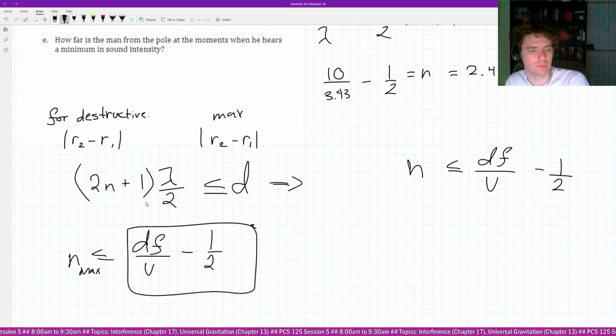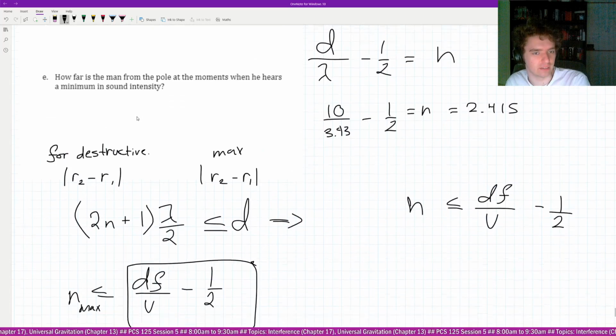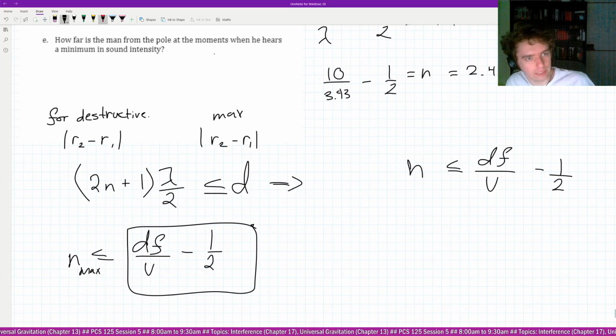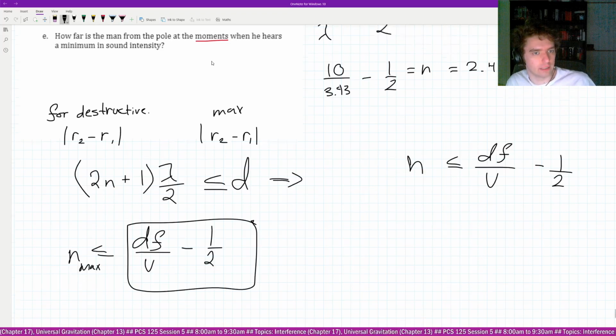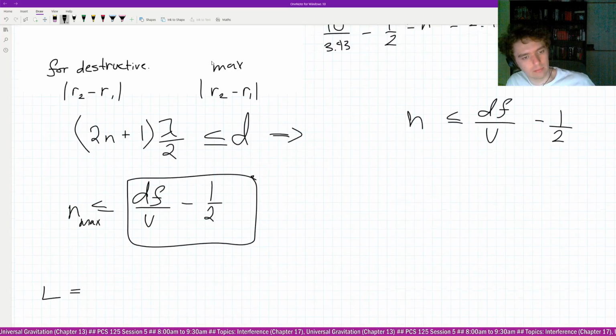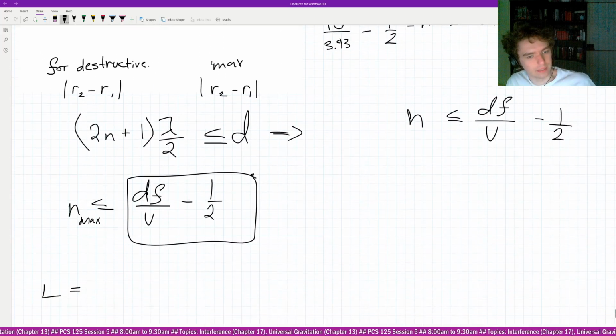I think we need an expression for L, because it says at the moment. Would it be the lowest multiple of lambda or the highest multiple? I don't think we need to pick one. It says for any moment where he hears minimum sound intensity, how far is he? So L equals something relating to n and lambda.